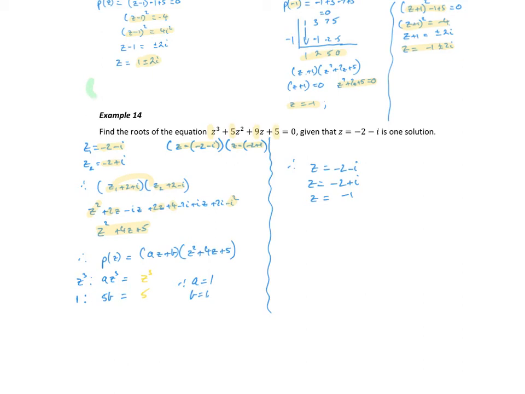So if I want to do, for example, a z plus 3 minus 2i, z plus 3 plus 2i, well, I'm going to have my z squared term, plus 6z plus 9, but I also have a minus 4i squared expression.